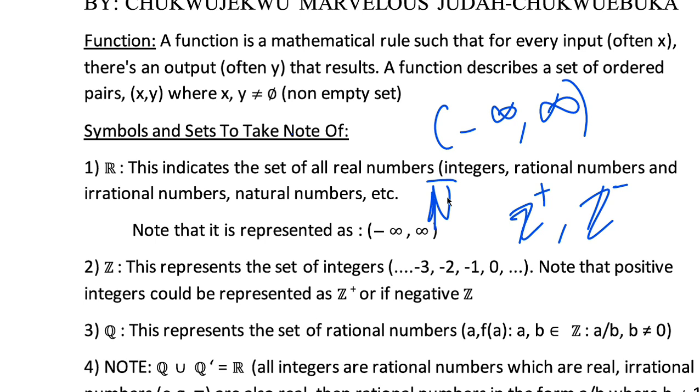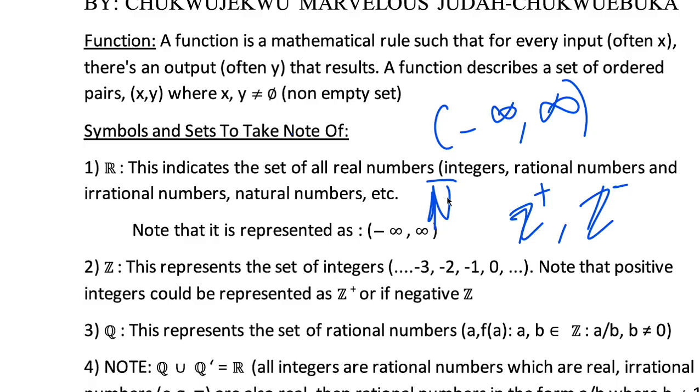Then for the third one, Q represents the set of rational numbers, and then we have in brackets a comma f of a. What does that mean? We have a, and then f of a represents the function of a. What are the outputs that we can get, right?